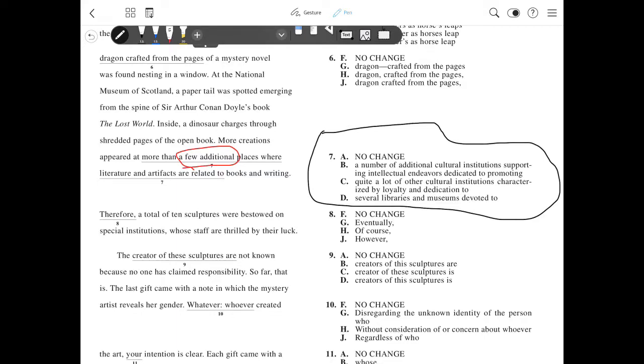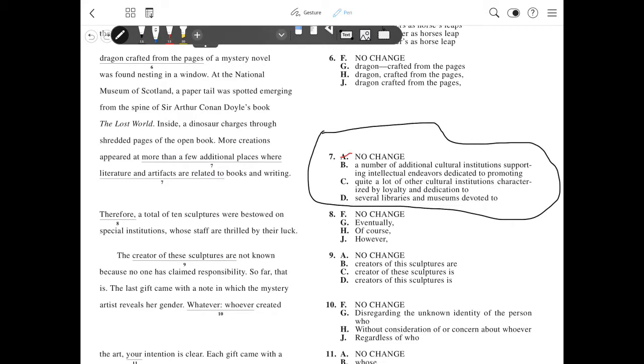In this part you have two adjectives that are quantitative. Usually you use the word few and the word additional to describe numbers. And it sounds really repetitive. It makes sense, but it's repetitive and unnecessary. So we're going to cross out A for now, but we'll keep an open mind in case the other options are less coherent.